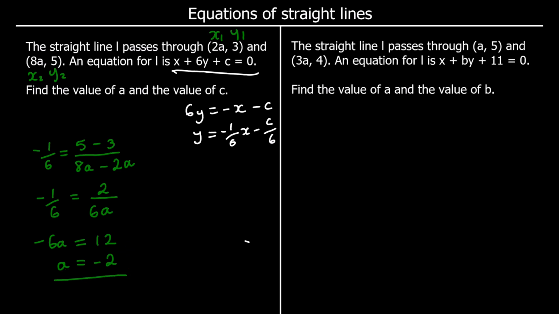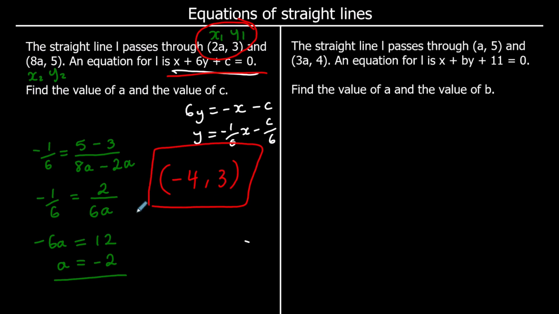So a is -2. How can we find out what c is? Well, if a is -2, we know these coordinates now. So 2 -2s are -4. So the line goes through (-4, 3).